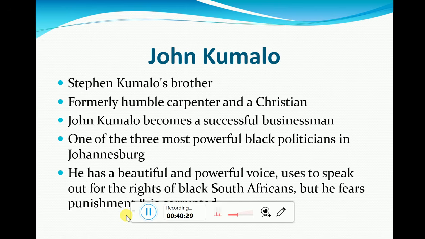Another interesting character is John Kumalo, who is Reverend Stephen Kumalo's brother, who was formerly humble. The word formerly is used because he is now a changed man when he gets to Johannesburg. He's flamboyant and arrogant. He is now a carpenter who looks down upon the people of the village, and who looks down upon the chief.